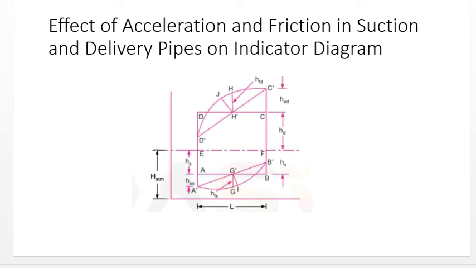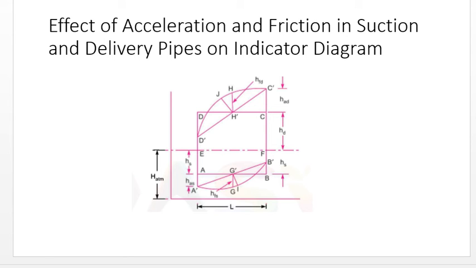At the middle of the suction stroke, HAS will become 0. At middle, HAS value will become 0. Here you can see the HAS value will become 0 because HAS depends on the value of cos theta, and cos 90 is equal to 0.